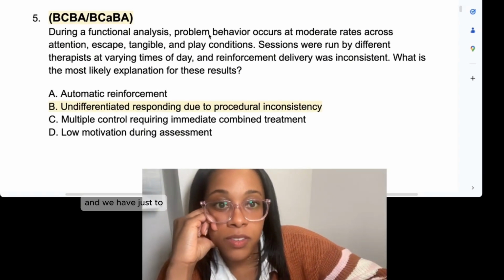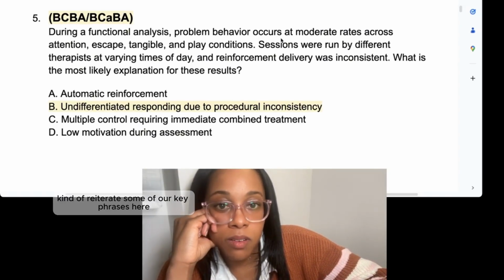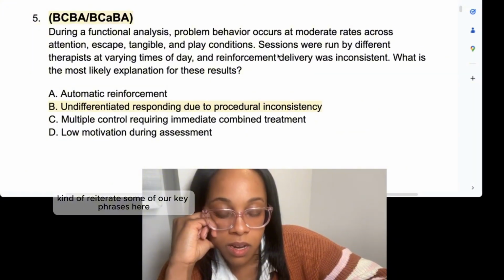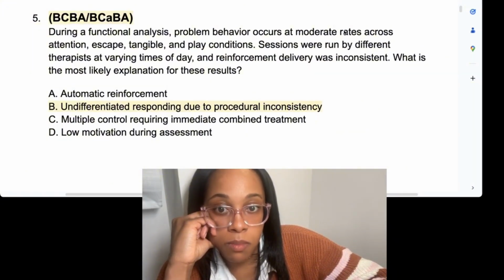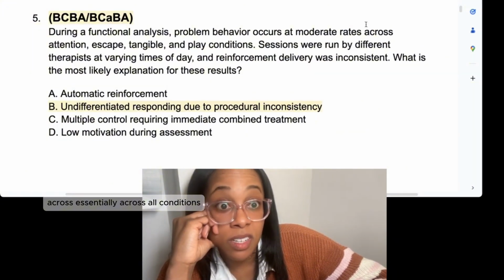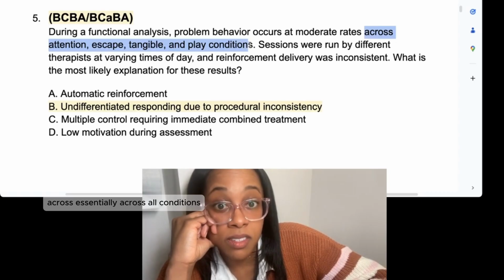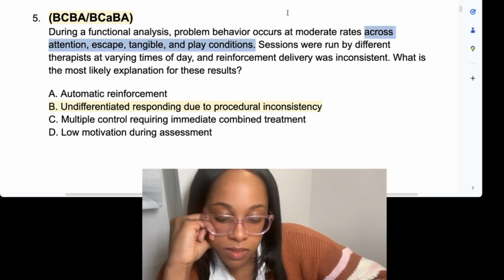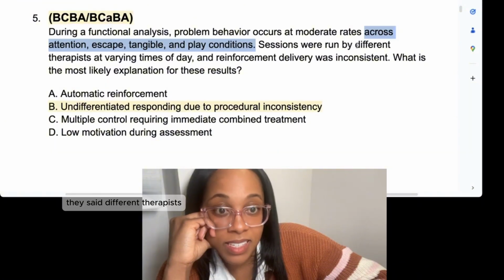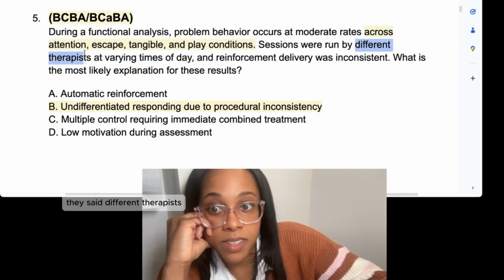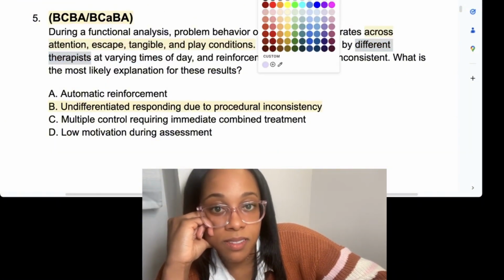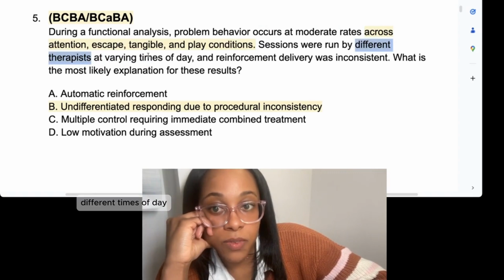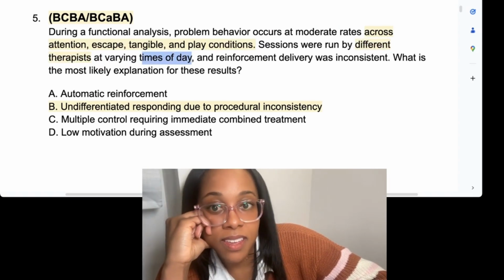And just to reiterate some of our key phrases here, essentially across all conditions. They said different therapists, different times of day.